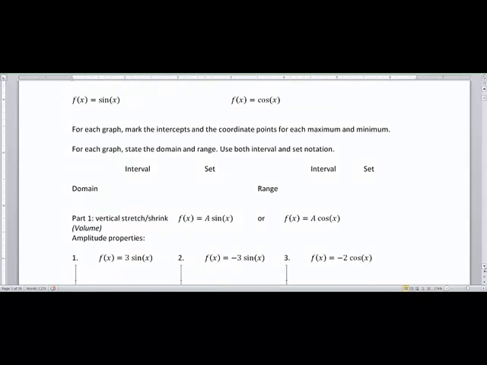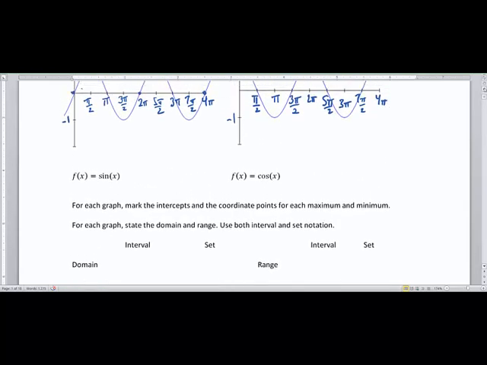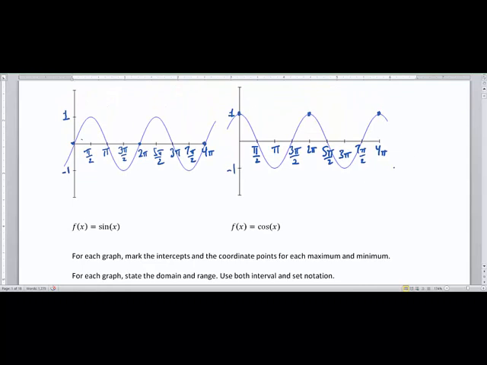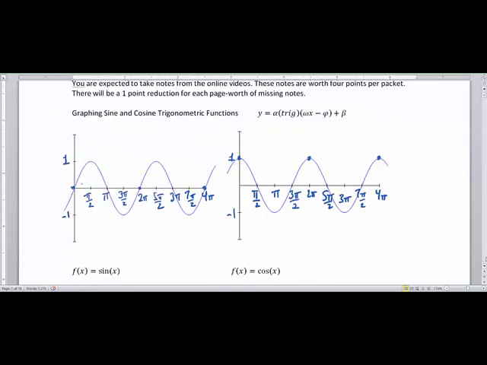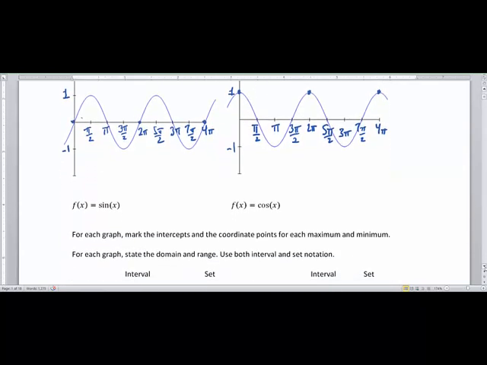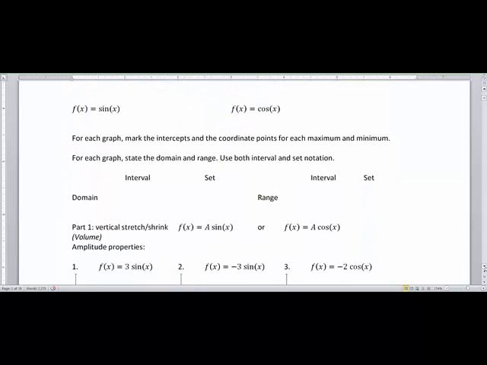Okay, so for each graph, mark the intercepts and coordinate points for each maximum and minimum. Well, we kind of did that up here. We actually marked the x values along the x scale. So what we could do is make a nice little list or table for our points here.